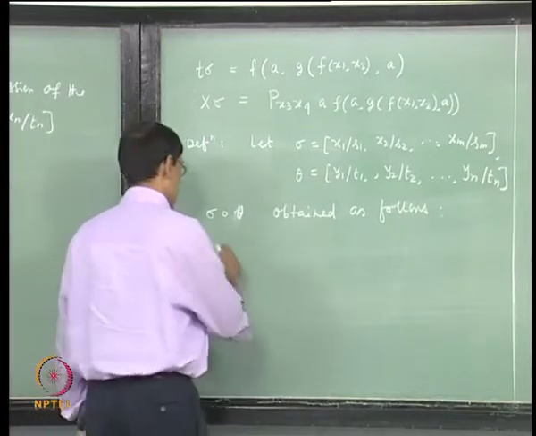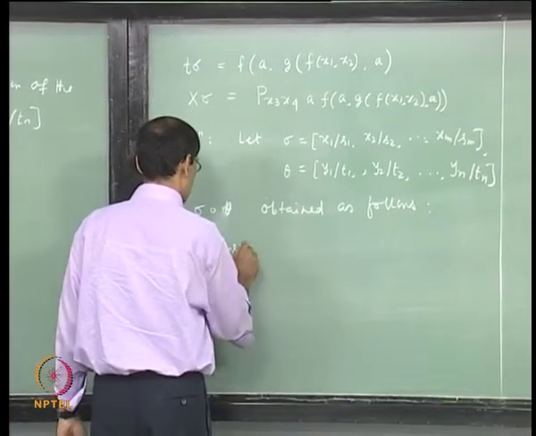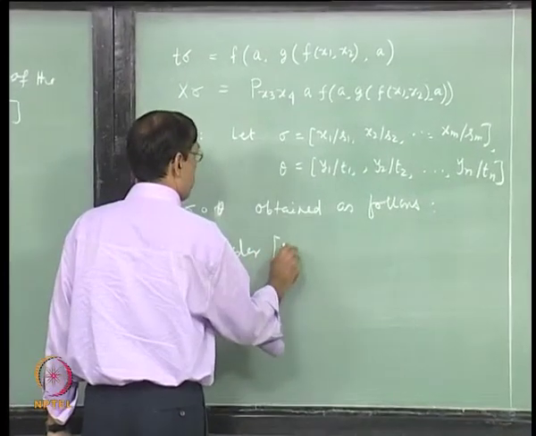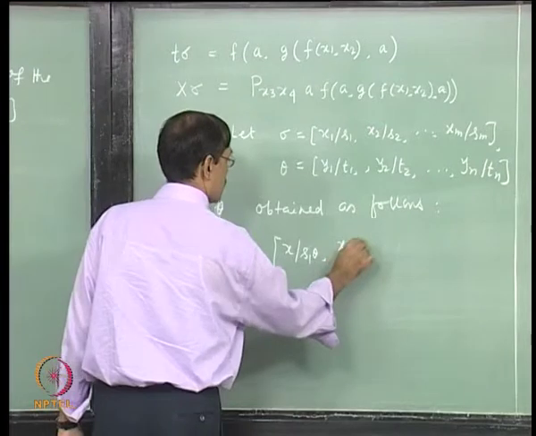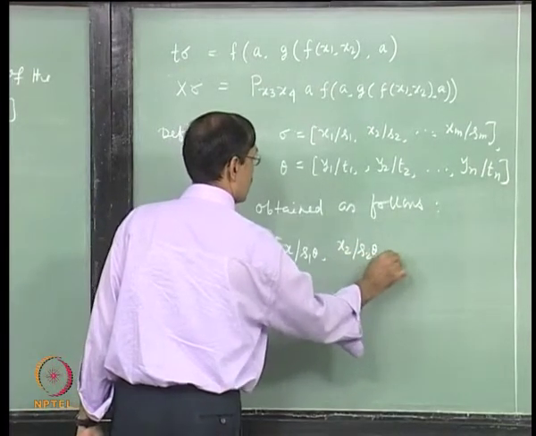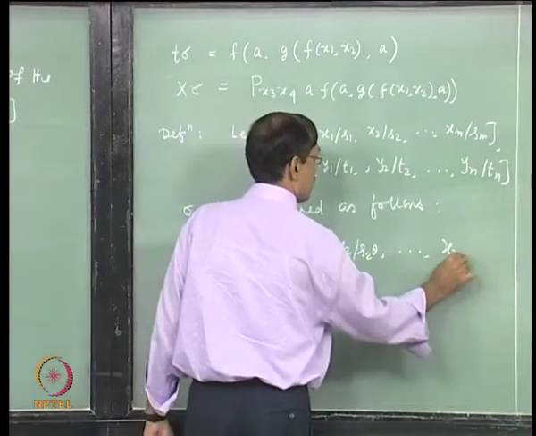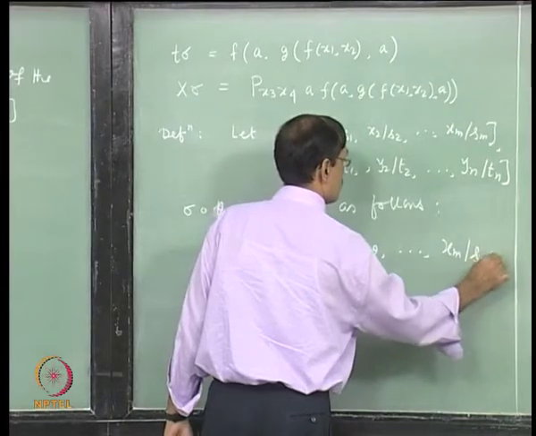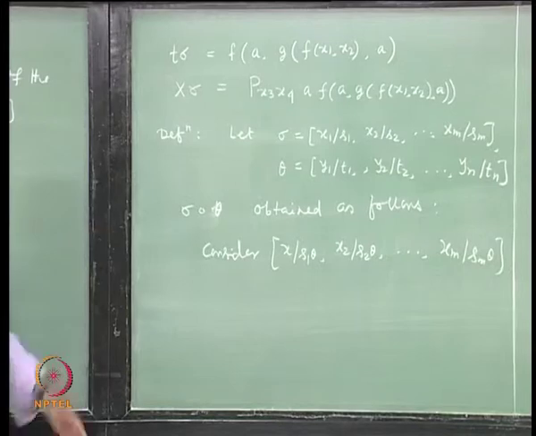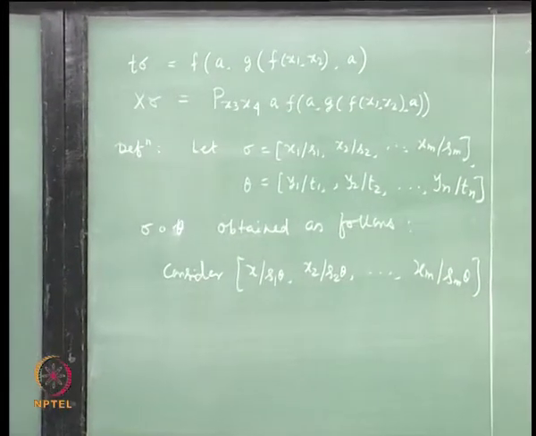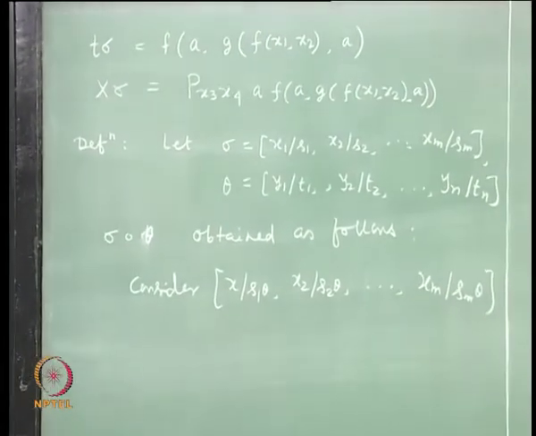So, you must consider this set first, consider x1 by s1 theta, x2 by s2 theta, xm by sm theta. Possibly there is some change, so we first use this theta on all the denominators.